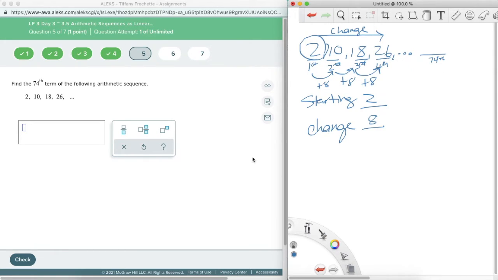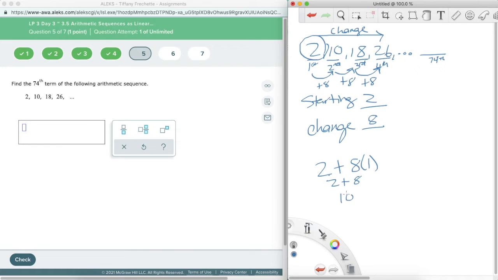So if we think about this, we know we're starting at 2, and we're going to have to add the change to this. That's how I keep moving forward. It's going to be 8, but it's not just one 8. That's only if it was the first term, or the second term, or the third term. I want one of each. So if I go 2 plus 8, that would give me 10.